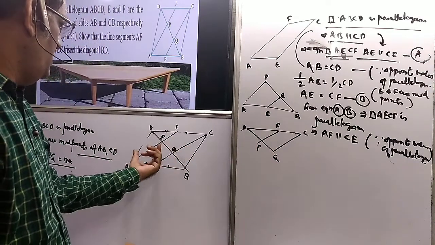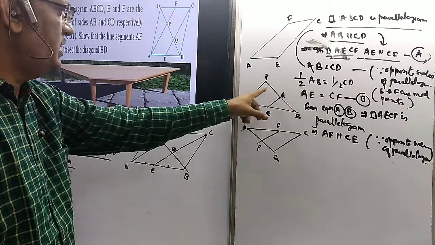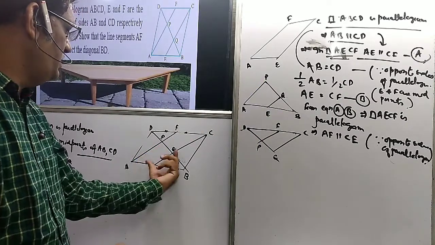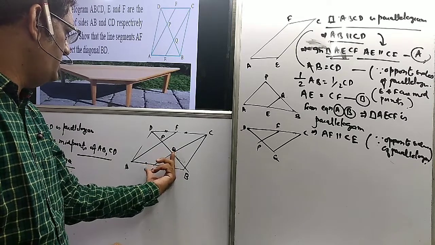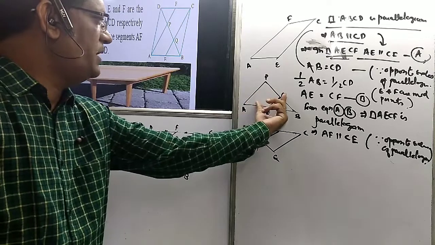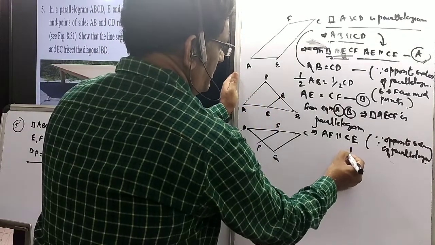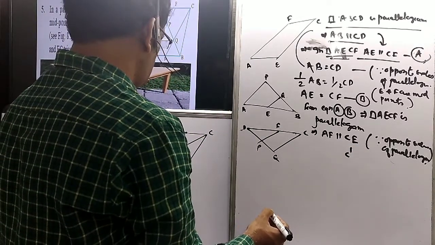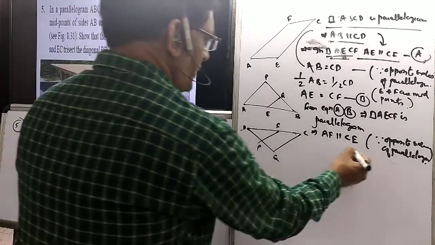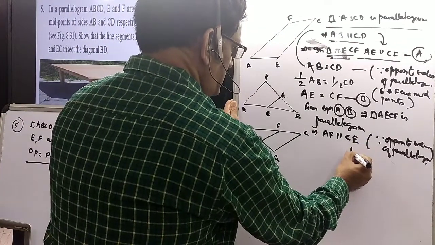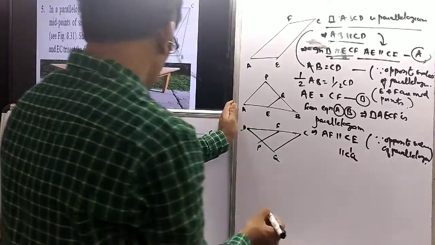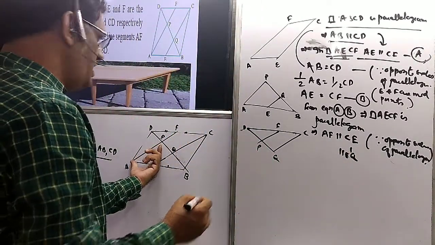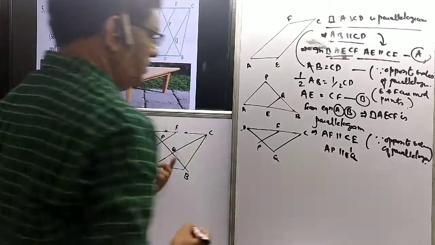Now, in triangle ABP, EQ is part of CE, and AP is part of AF.